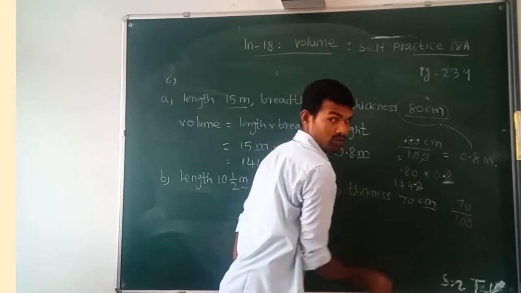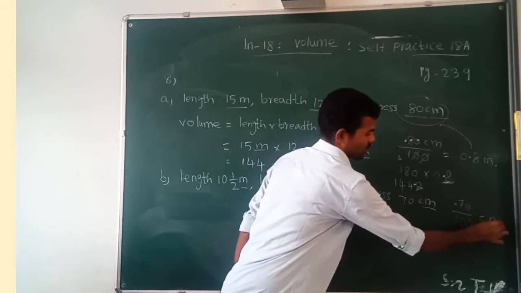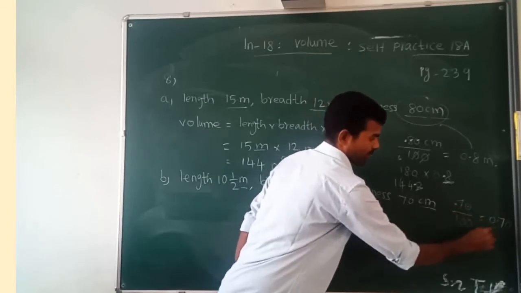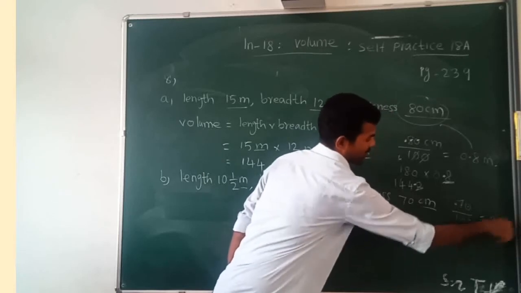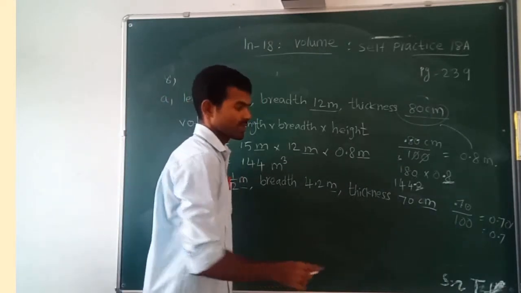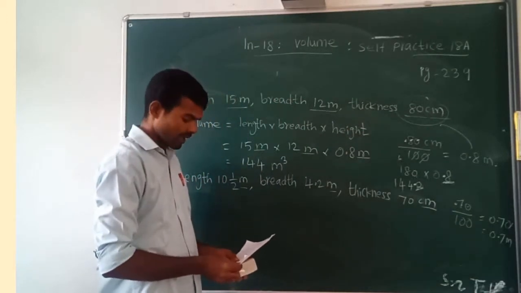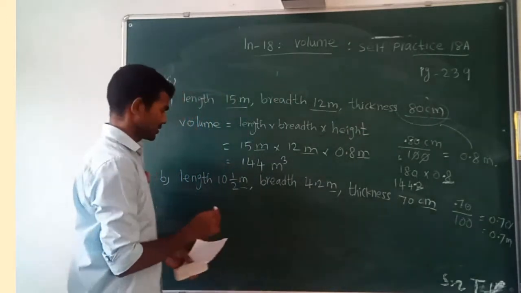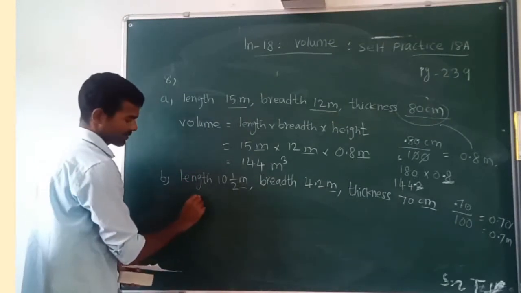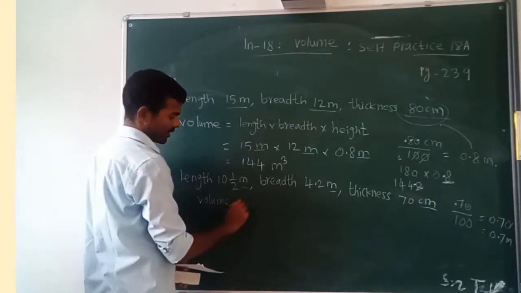The answer is 0.70, you can say 0.7 only. You can cancel the 0. Leave the 0. 0.7 is the number, and this is the meter. 0.7 meter. Now you know the formula for volume: length multiply breadth multiply height.